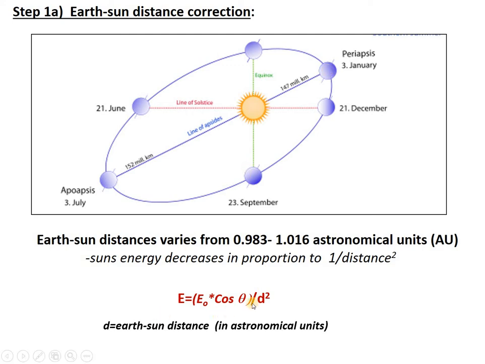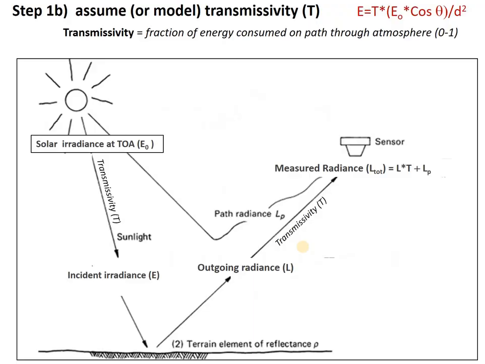To add this, we take what we had before and divide by d squared, where d is the Earth-Sun distance in astronomical units. That ranges from about 0.983 to 1.016. Those two corrections were step 1a.